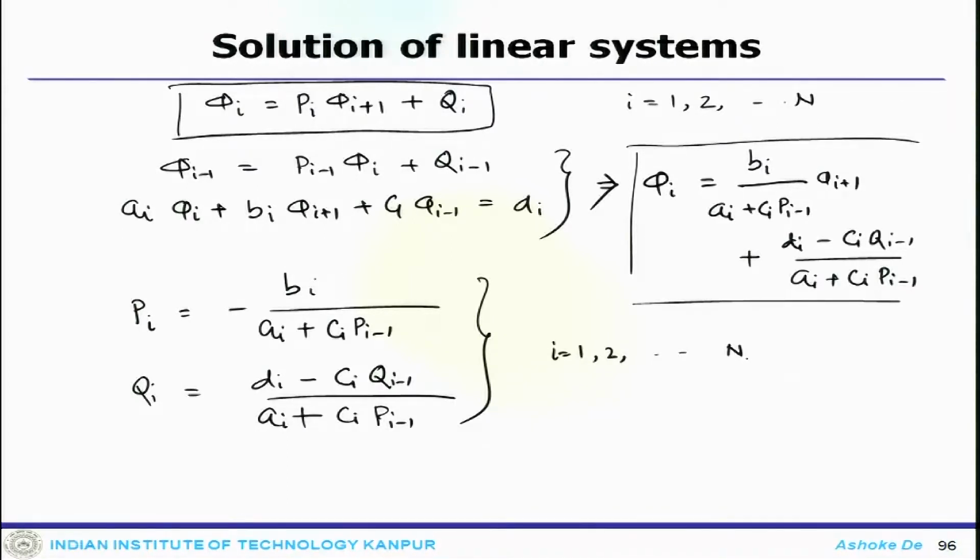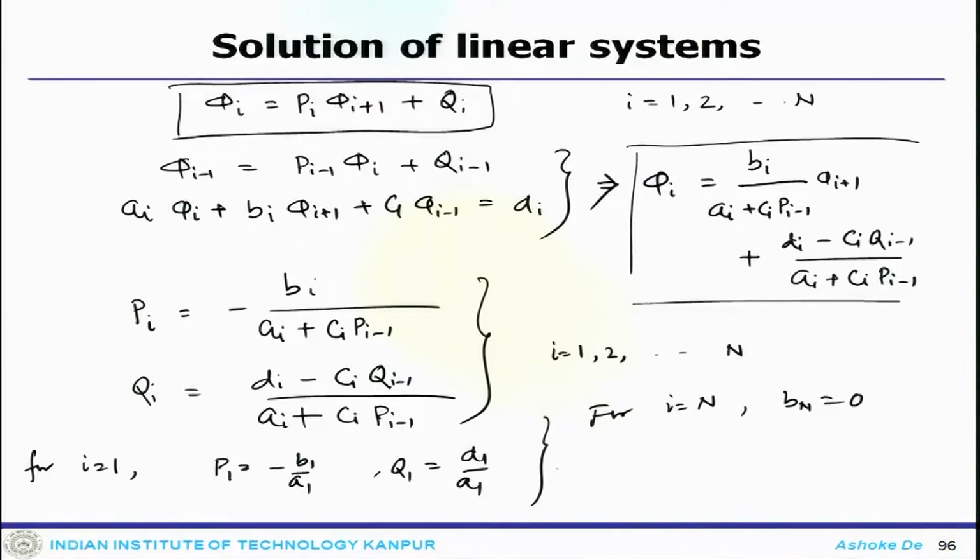Now, for i equals 1, you get p_1 equals minus b_1 by a_1 and q_1 equals d_1 by a_1. And similarly, for i equals n, since b_n equals 0, you get p_n equals 0, phi_n equals q_n.